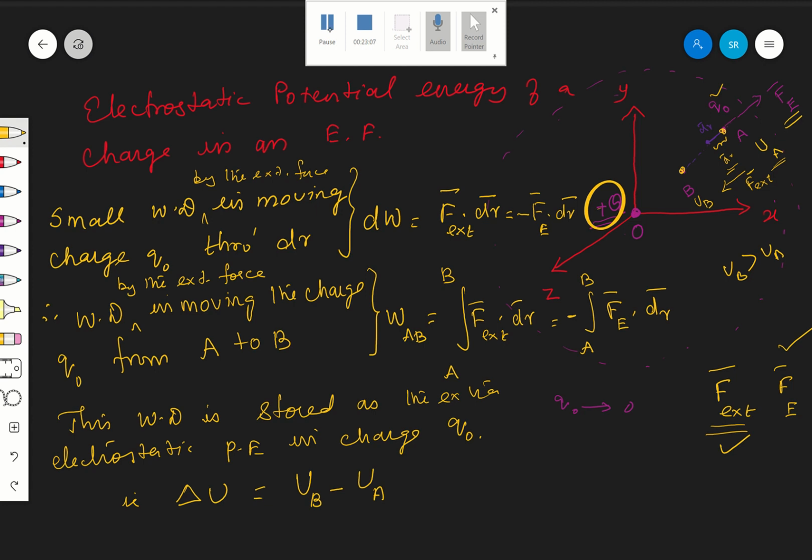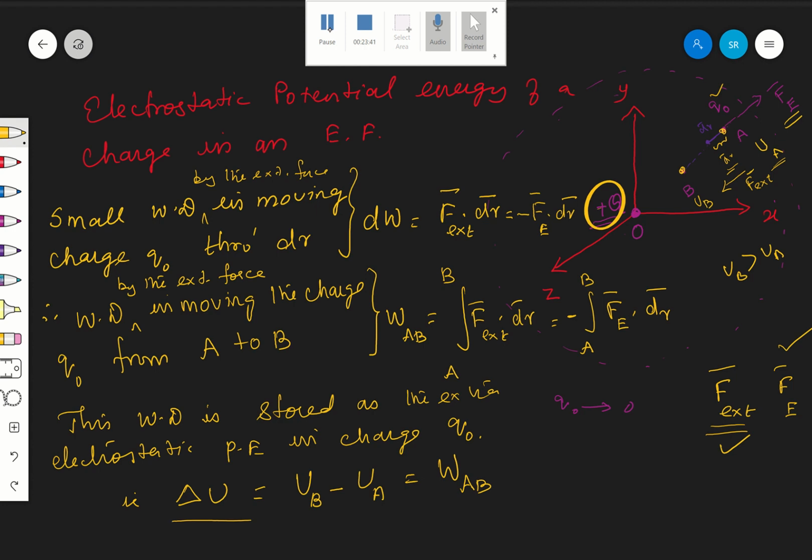So on bringing the charge Q naught from A to B, there is an increase in the potential energy of the charge Q naught. What is that increase? The difference is UB minus UA, and that is nothing but the work done by the external force in moving the charge from A to B. Are you following?